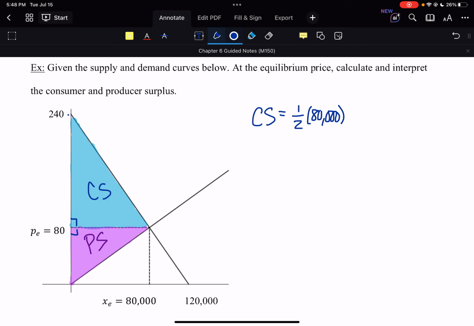It is only that portion of the height, which is 240 minus 80, which is going to be 160. So if we run those big numbers, we end up with 6,400,000. So 6.4 million.